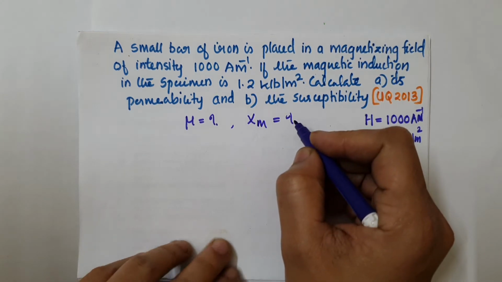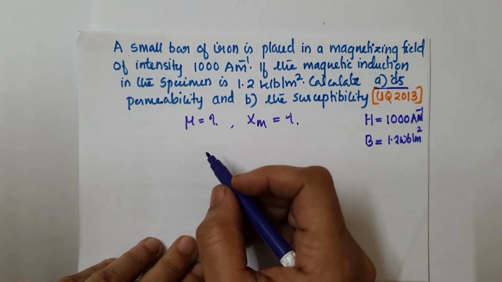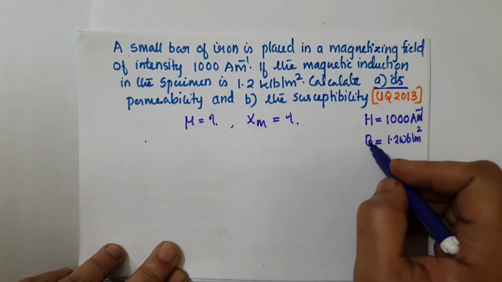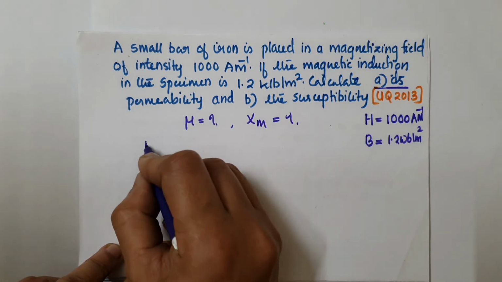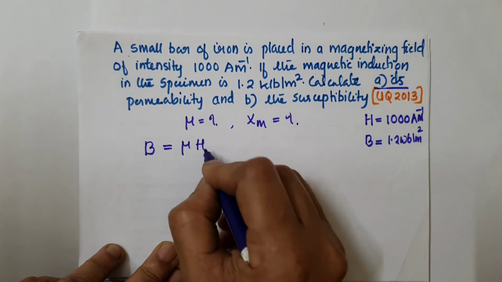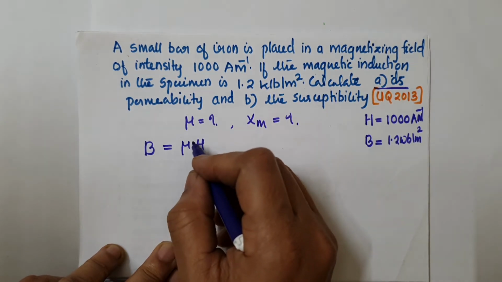The first, permeability. For that we are considering the relation connecting the B and H. The magnetic induction vector B is equal to mu into H, where mu is the permeability of a medium.